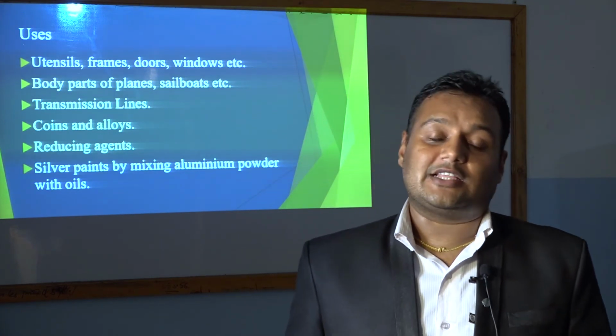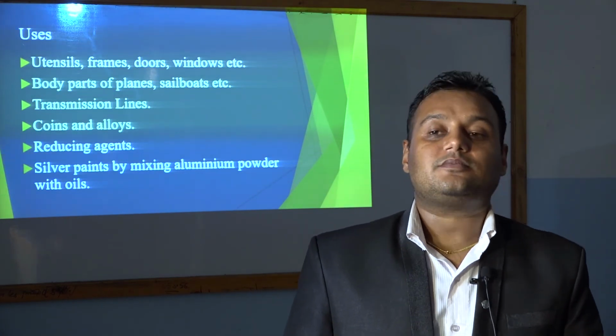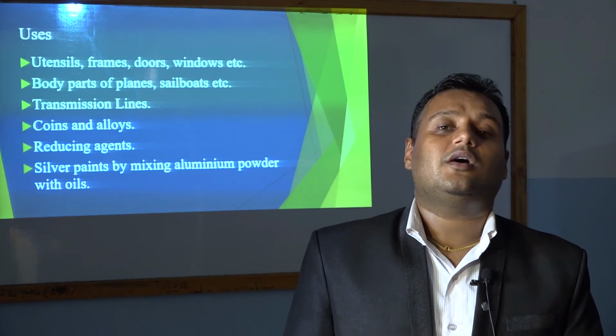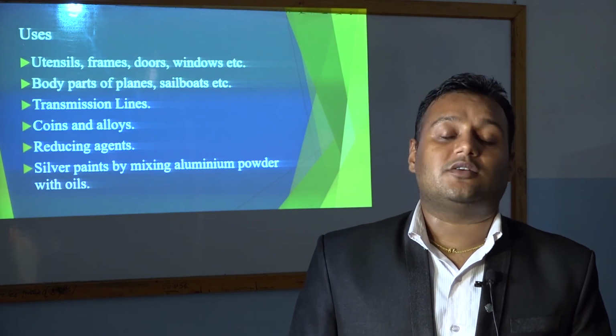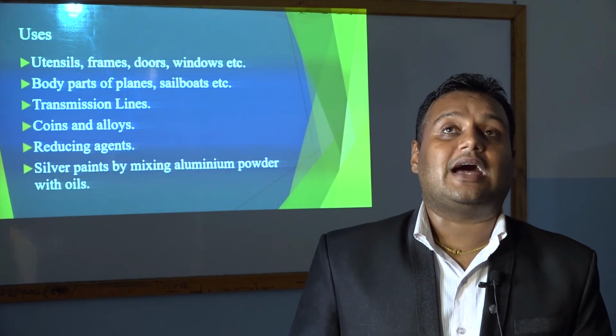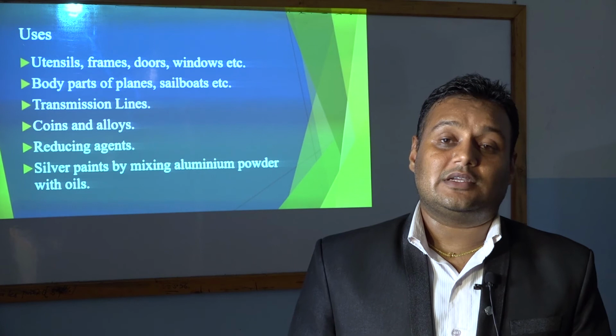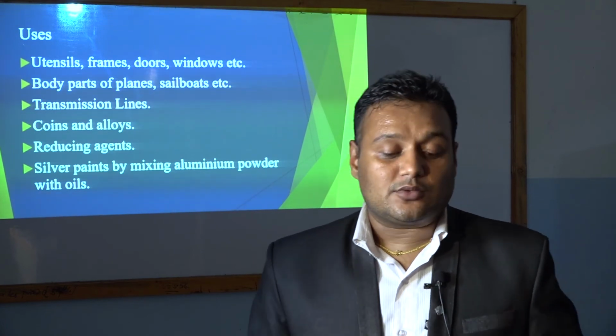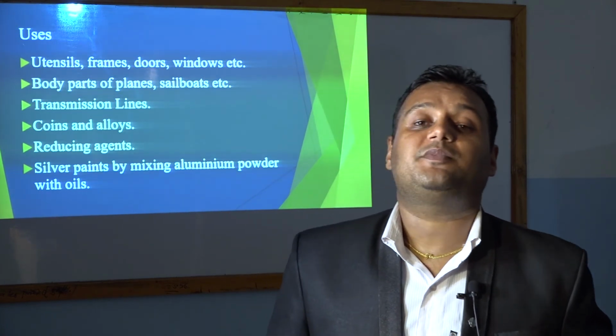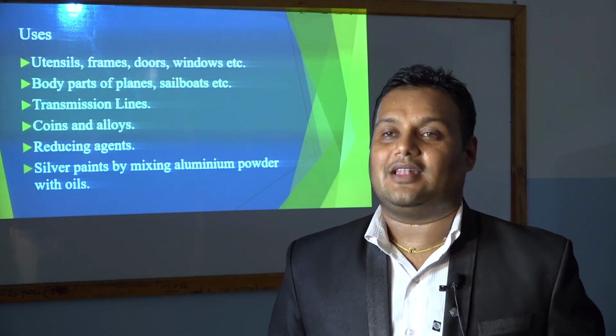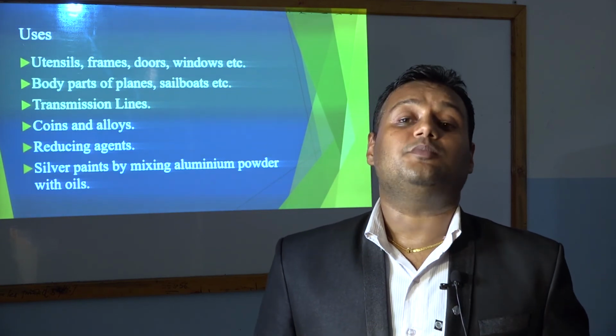Another is transmission lines. I have just told you that aluminum is a better conductor of electricity than copper in different ways. So why is aluminum preferred in transmission lines? It is due to two major factors.